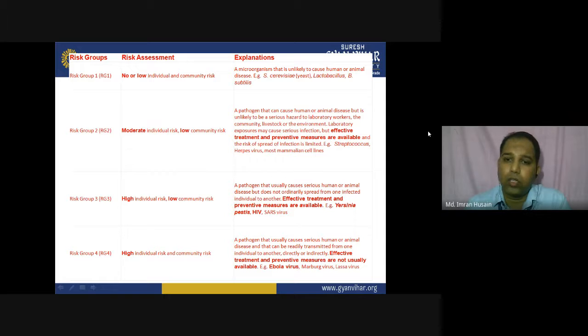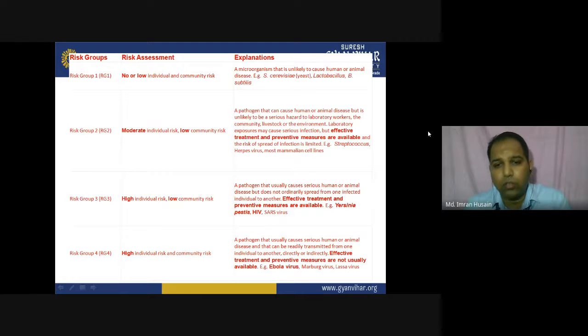A pathogen that usually causes serious human or animal disease but does not ordinarily spread from one individual to another, like HIV and SARS virus. It needs a lot more than personal contact to spread from one person to another. Then risk group 4: high individual risk and high community risk.